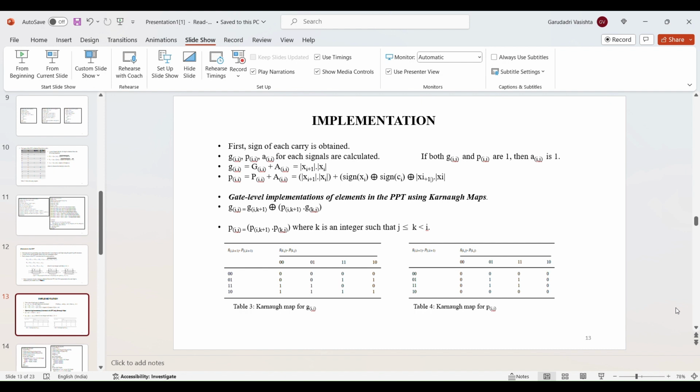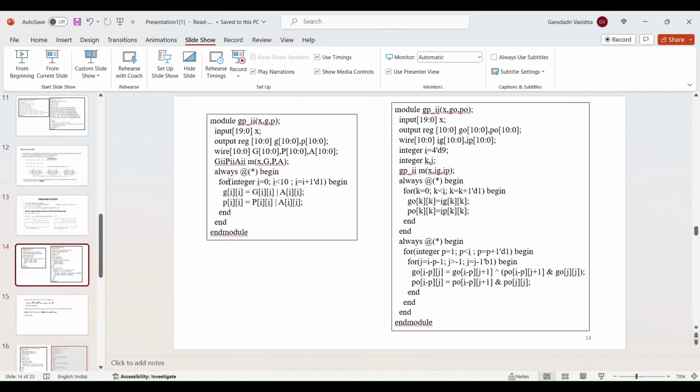G of i comma i depends only on the magnitude of x i plus 1 and the magnitude of x i, and it is equal to G of i comma i and A of i comma i. Similarly, these carry signals are calculated in the implementation of the pre-processing block. These are the Verilog codes for implementing those.